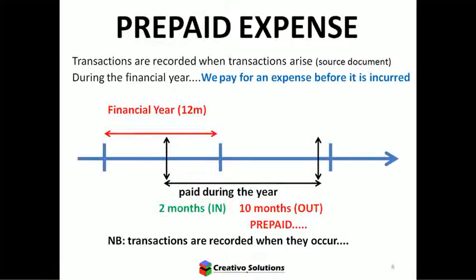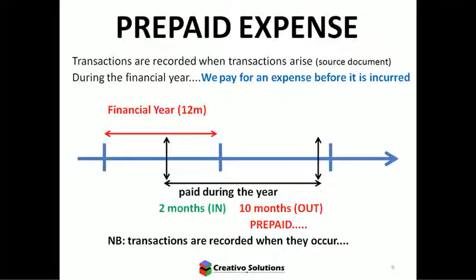The problem comes up when we're looking at the actual 10 months that are outside the financial year. Can I show more of an expense for the 12 months? No, I can't. I can only show what's in the financial year. So if only 2 months are in the financial year, I can only show 2 months worth of an expense, and the 10 months are outside because they belong to another period.